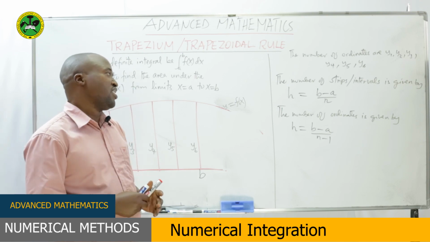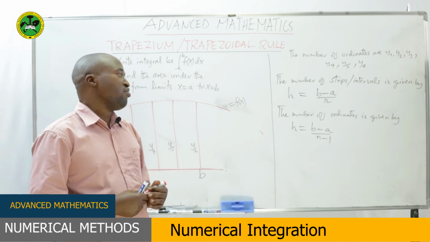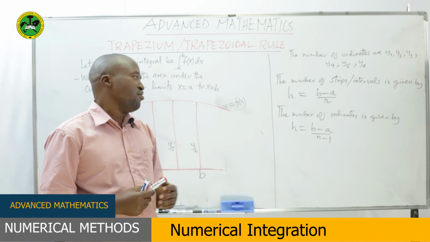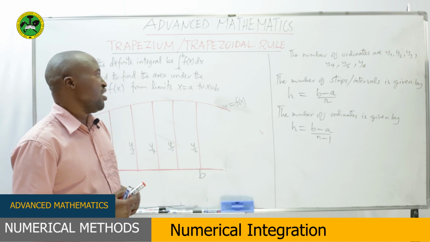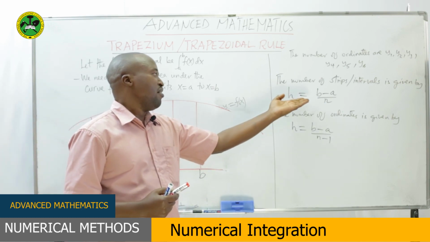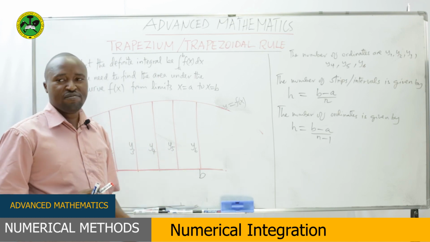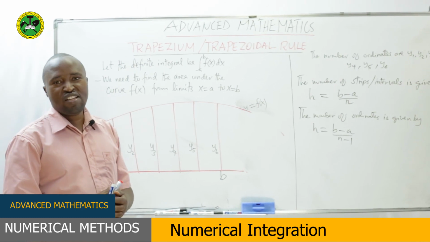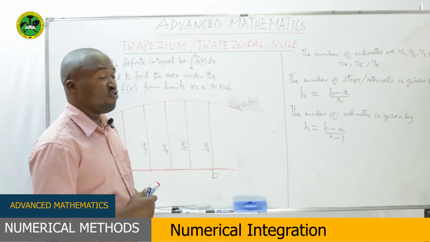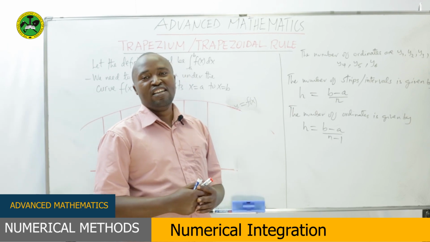So dear students, you can see the difference between the number of strips or intervals and the number of ordinates. For strips or intervals, just take b minus a over n, where b is the upper limit and a is the lower limit, divided by n. But for the number of ordinates, just take b minus a over n minus 1.